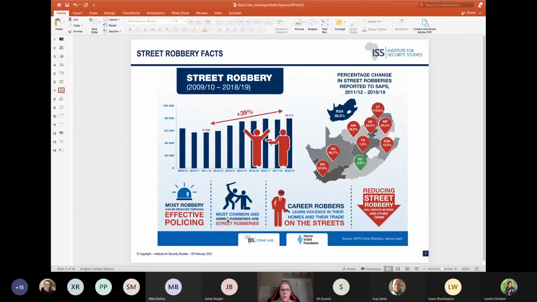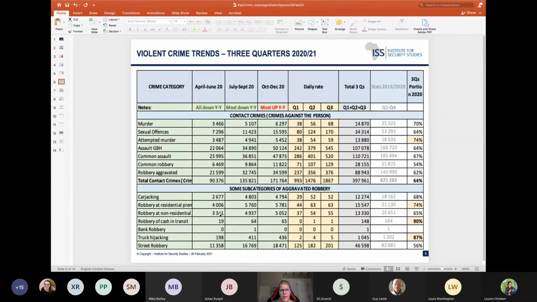But just the last point I want to highlight: when we look at even the Q1 statistics, yes, those reductions should be celebrated. But these are still alarmingly high numbers. Even an alcohol ban and curfews could not reduce our violence levels significantly. Yes, in some cases it nearly halved, but not everywhere.